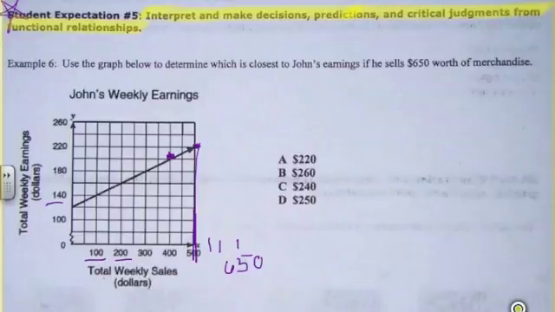What's your y-axis going by? Alexis. It's marked by 40s, but each line actually represents 20. Okay? So every time we go up, we're going to be going up 20. Every time we go over, we're going to be going over 50. So let me write that down. Up, we're going up 20.